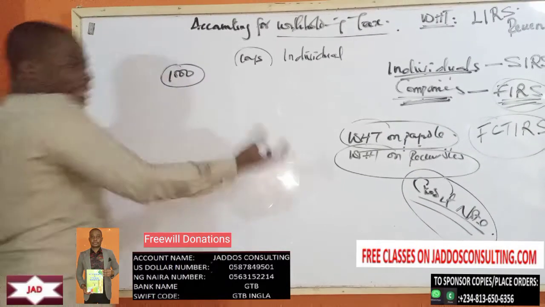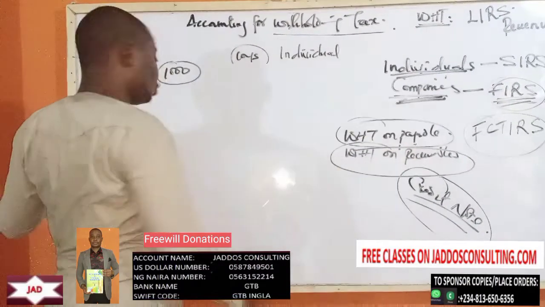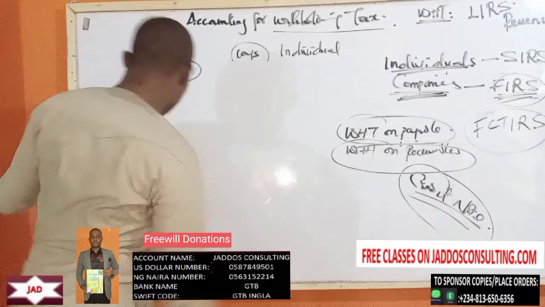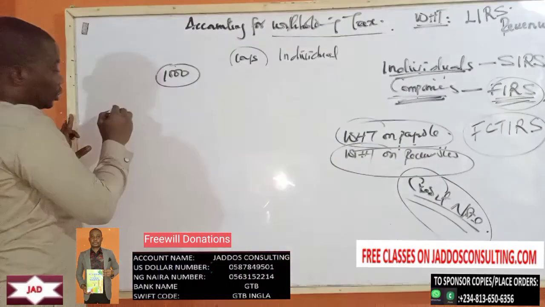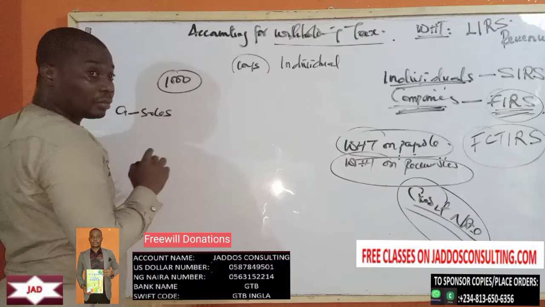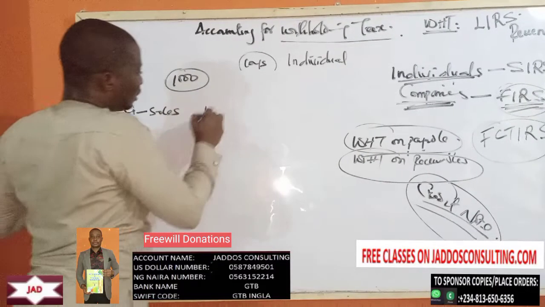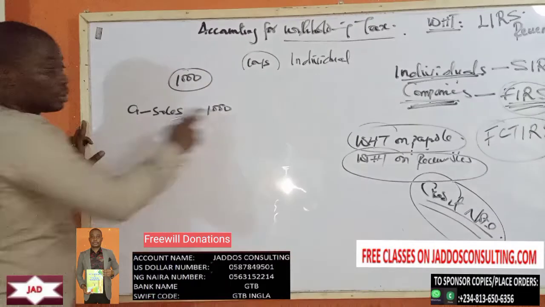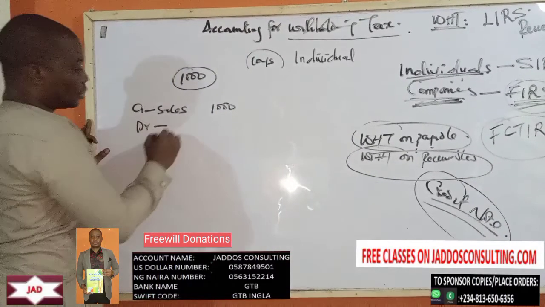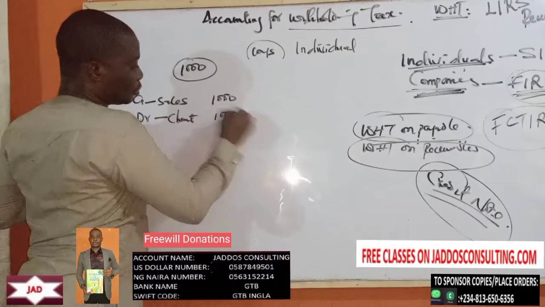Okay, so when you send them an invoice, what will you do? That's like sales, abi. So what are you doing? You're going to credit sales, right? Credit sales, let's say 1,000, and then you're going to debit your client with how much? 1,000.